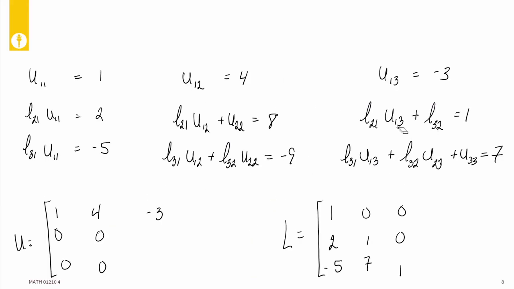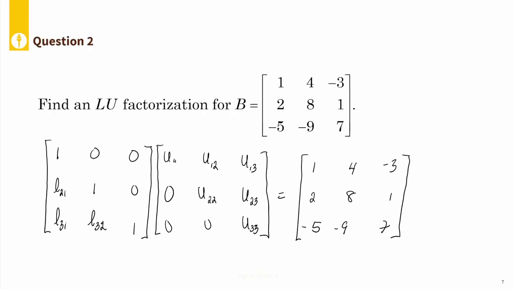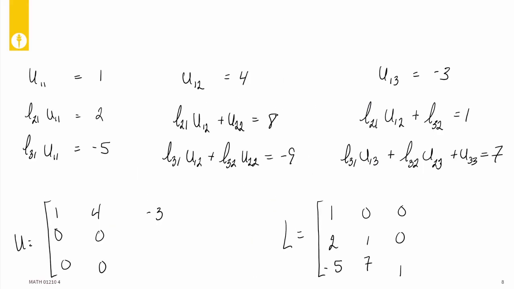Oh, that should be U12. Yeah, I looked at the wrong one, didn't I? Plus U22. I got L21 times U13 plus U23. So I'm looking at the 2-3 entry. This one here. No, 2-3 entry here, right? Yeah. I'm confusing myself.